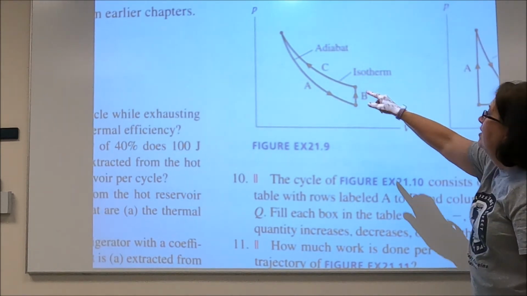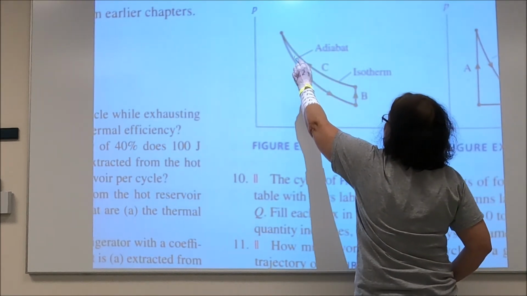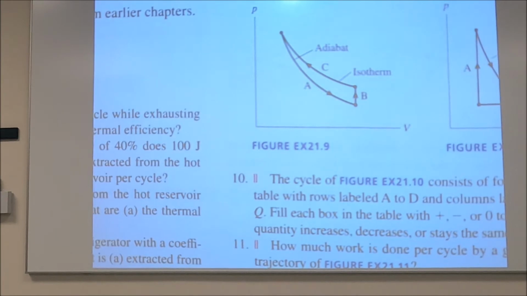In C, it's isothermal, so I show the change in the thermal energy is 0. Now, in process A, we have an expansion. It's increasing in volume. So the work from the point of view of the environment, the external work, remember, is minus P delta V, which would be negative because our change in volume is increasing.